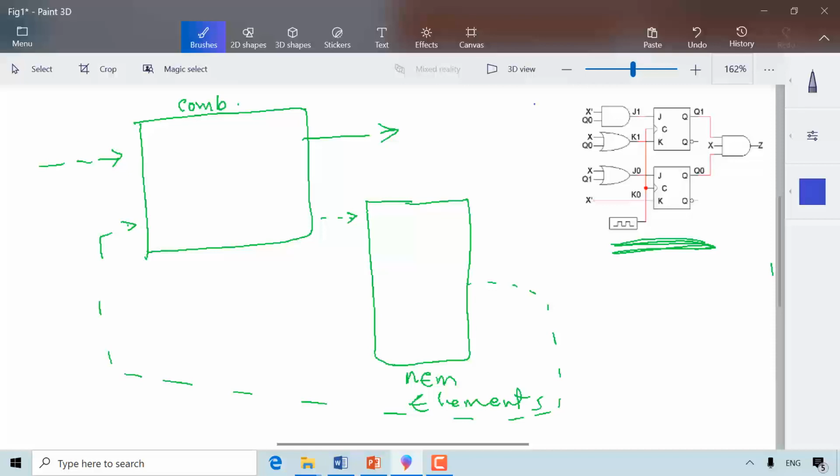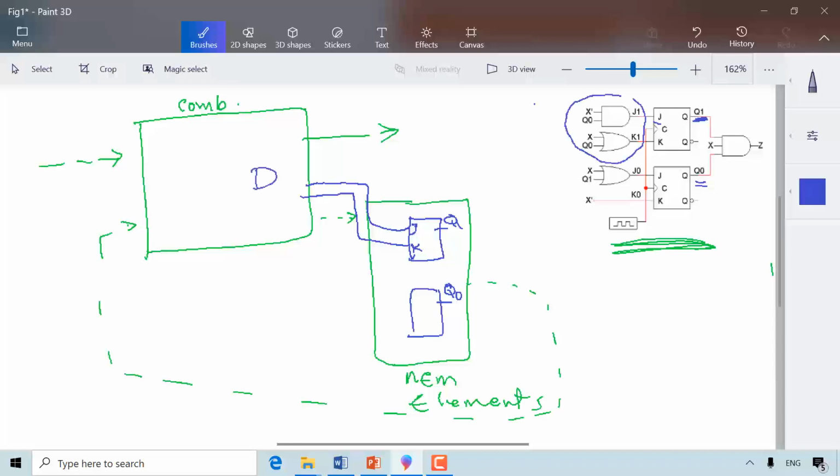So where are the flip-flops? Here are the flip-flops. You have Q1, which is right here, and you have Q0, which is right here. Notice that the inputs of these flip-flops are coming from here. This flip-flop has a J and a K, and the inputs are coming from here. Notice how I generate the J and K is as follows.